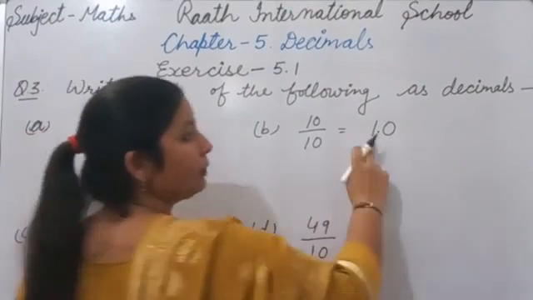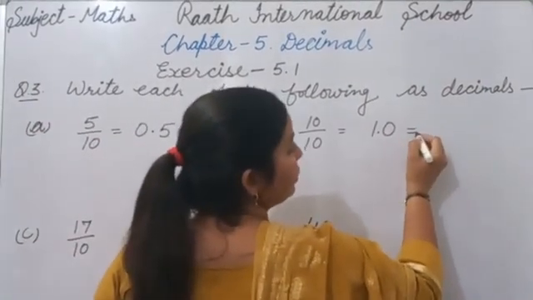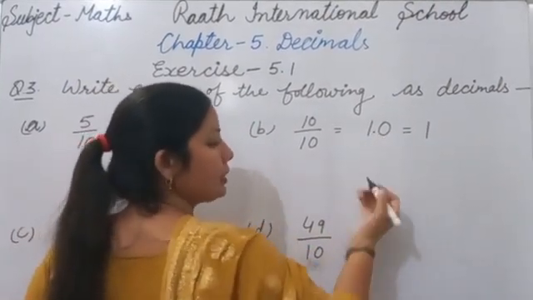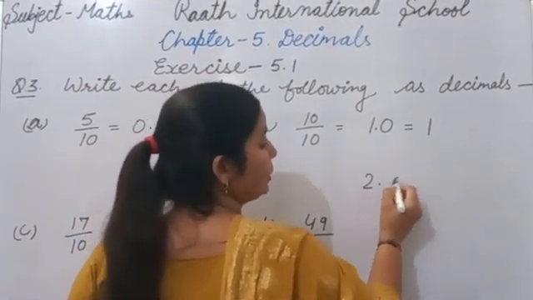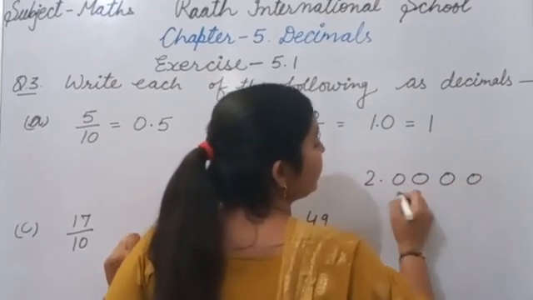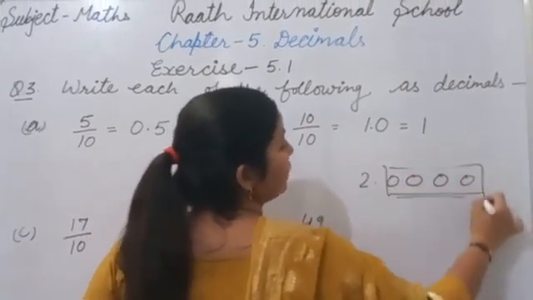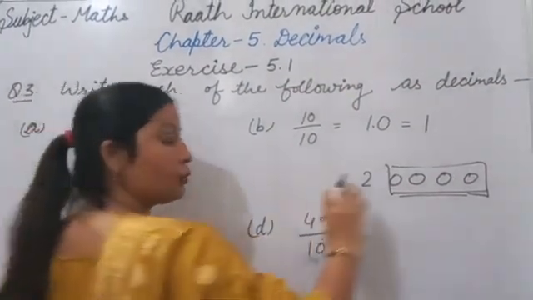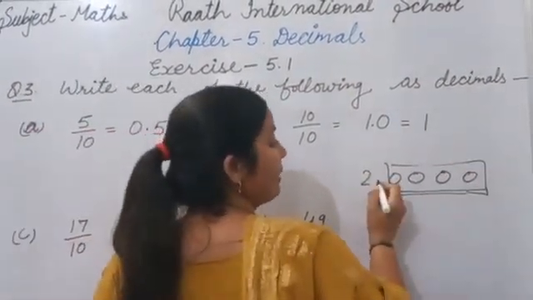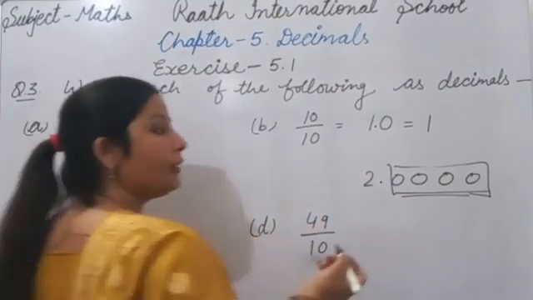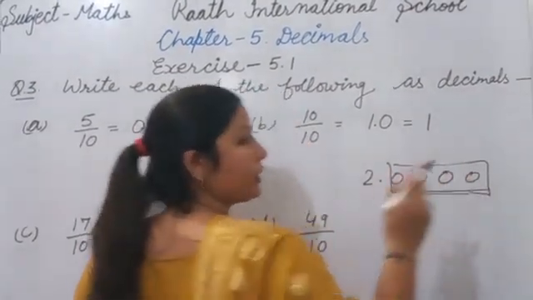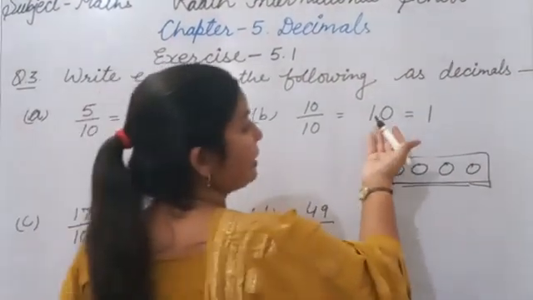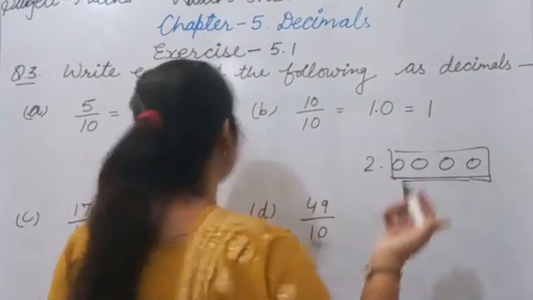So it becomes 1.0 and 1.0 we can also say is 1, because after the decimal, suppose we have 2.00, so on zeros we can write after the decimal, there is no value of these 0. अगर यहाँ पर decimal नहीं होता तब तो this become 20,000 इन zeros की value हो जाती है आपके पास. But whenever we have a decimal, after the decimal we can take so on zeros, there is no value of these 0. Okay. So after the decimal we have 0, that means that's equal to 1.